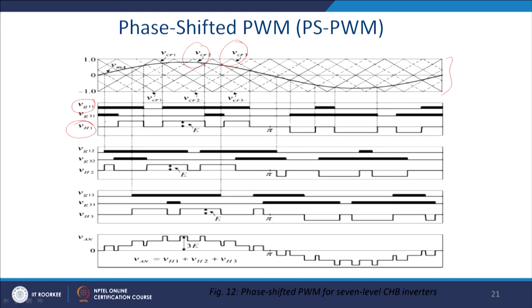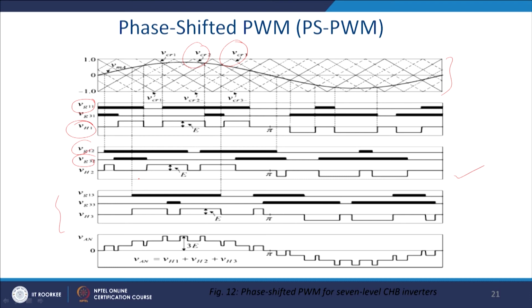Similarly, this is the carrier wave for Vg1 and Vg2, and that is coming from this place, and this is Vg3. So, ultimately you will generate this voltage as in the second cascade H bridge. Similarly, for the third carrier wave, you just compare and you will generate the third carrier wave signals.